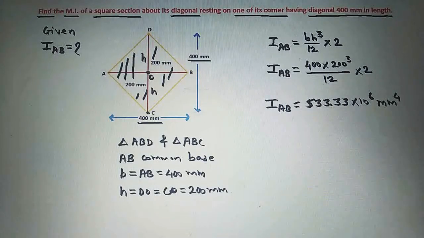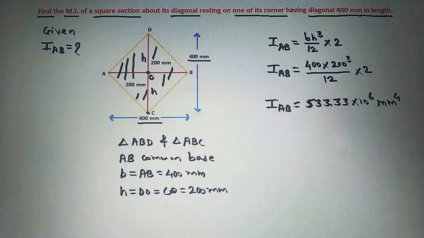Again, see here, as AB is a common base for these two triangles ABD and ABC, we will take the formula to find out the moment of inertia of a triangle about its base, and that base is AB.